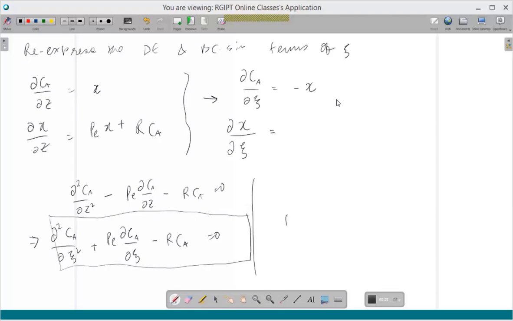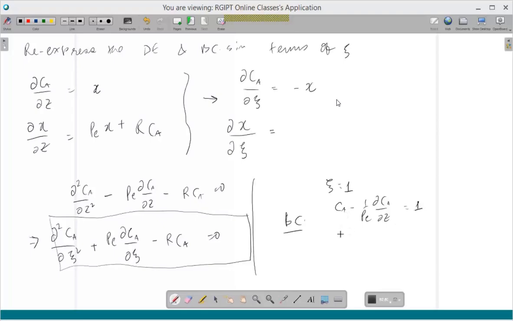Okay, and your boundary conditions become, at the left end, that is zeta equal to 1, I had CA minus 1 by Peclet number del CA by del Z equal to 1.